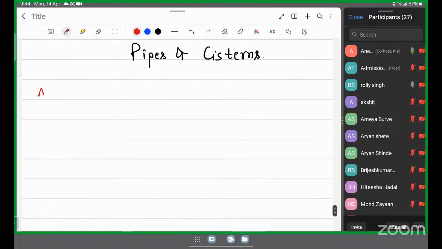So first is the inlet pipe and second is the outlet. And both of them have different speed, different rate. Inlet is the pipe which is used to put water into the tank, and outlet is the pipe which is used to empty the tank.